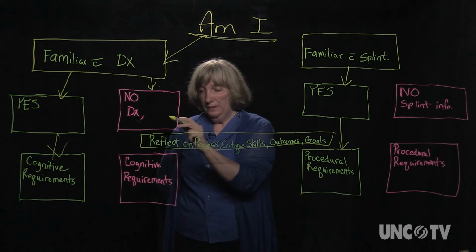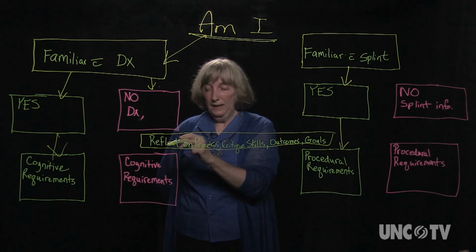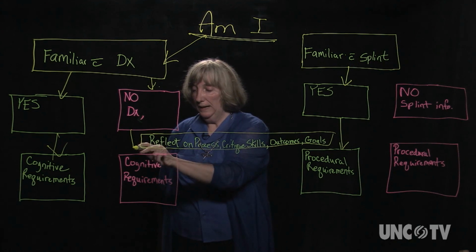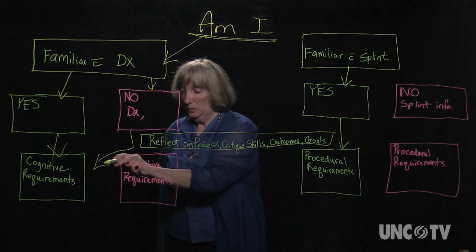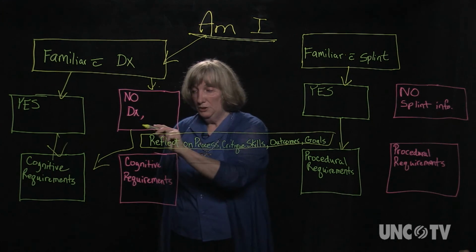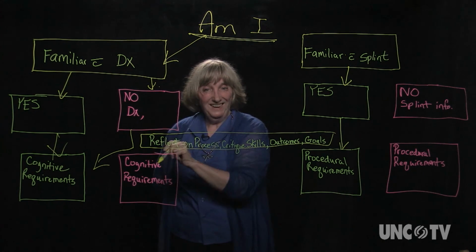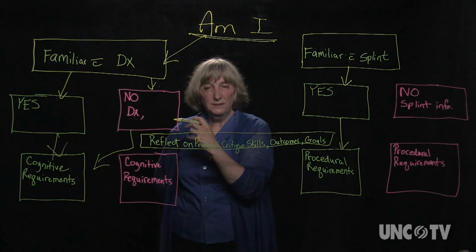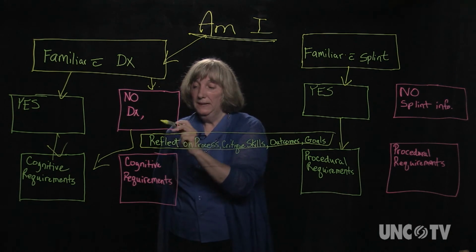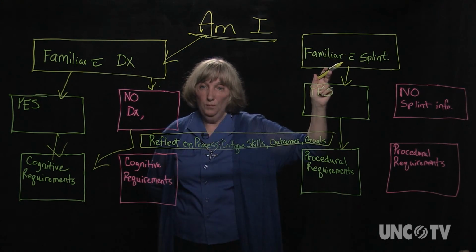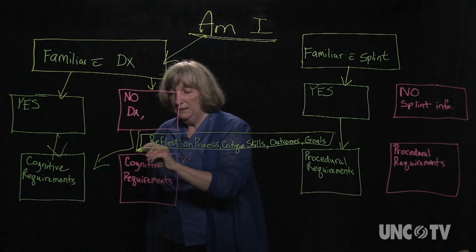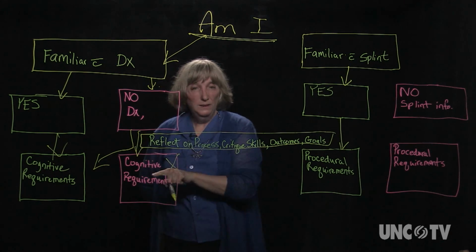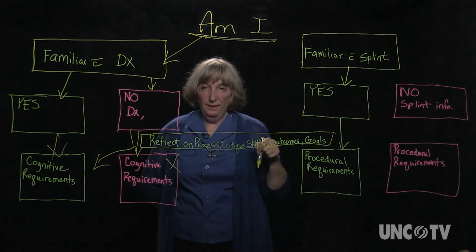If upon doing that, I better understand that condition, then I have met the cognitive requirements. But if I still don't understand it and I can't integrate it to be able to go forth with the splinting, then it's a no and I can't proceed with making the splint.